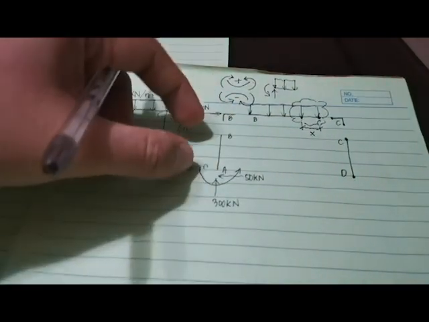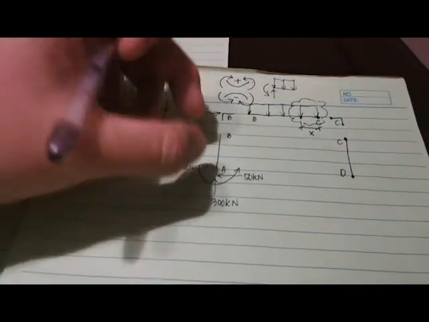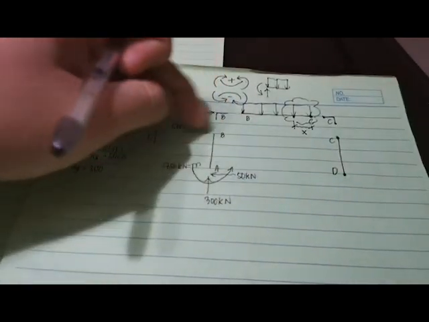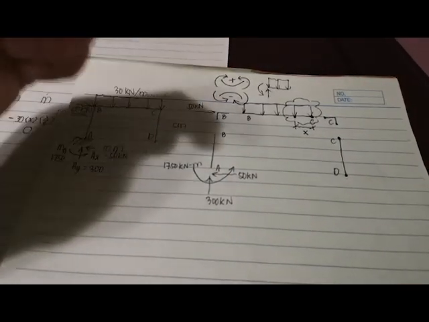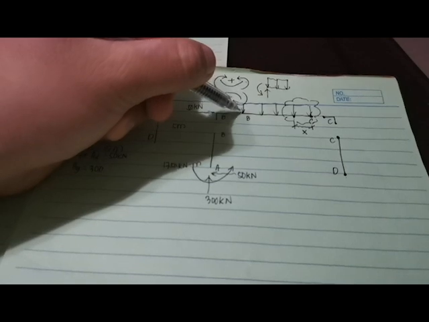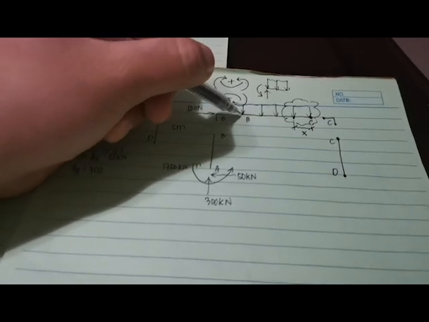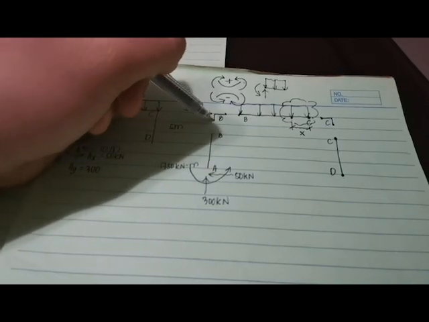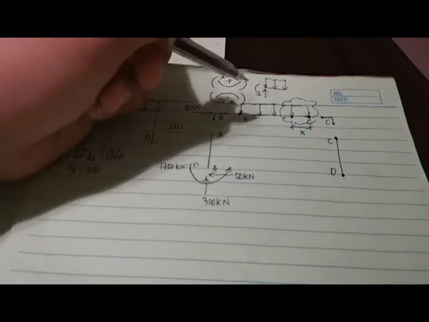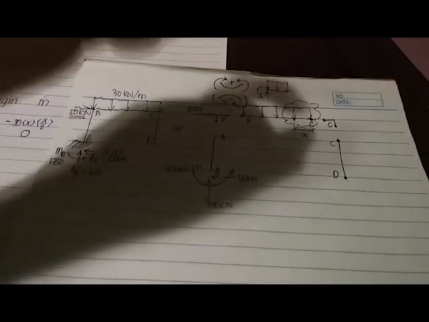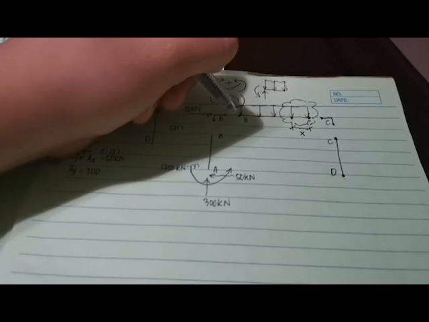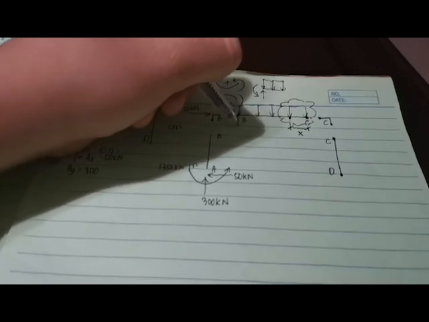The next moment equation that we need to find is the moment equation here at member AB. But of course, we need to complete first the shear and bending moment at joint B. So let's fill this up. So at joint B, you have your shear here.